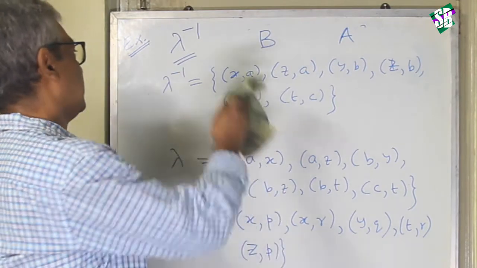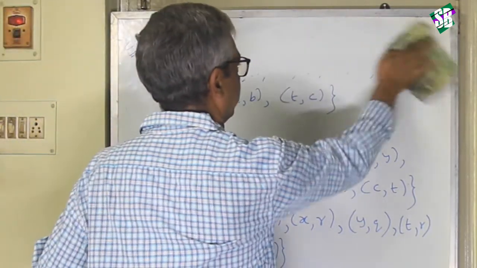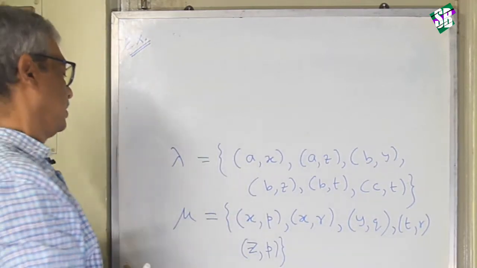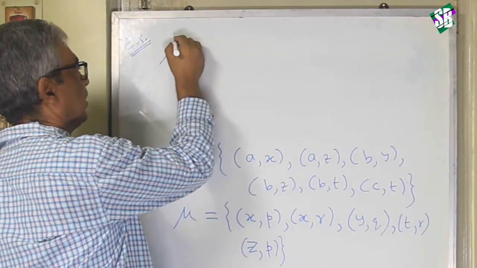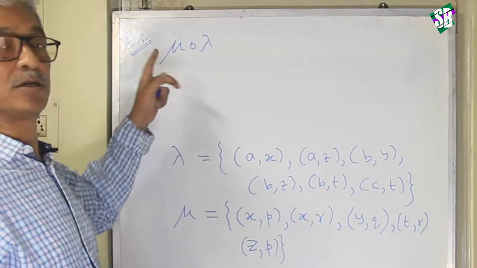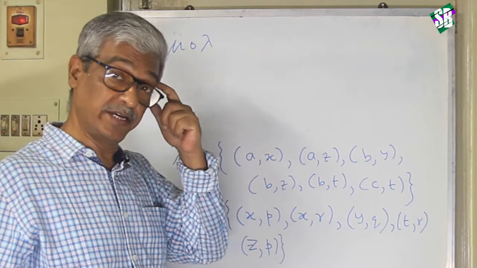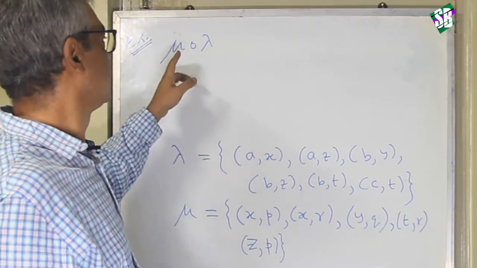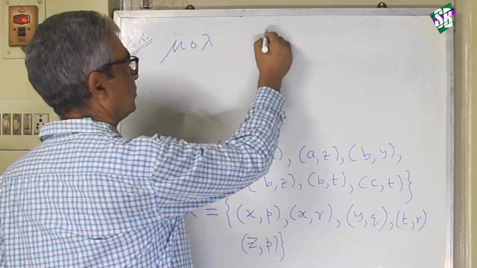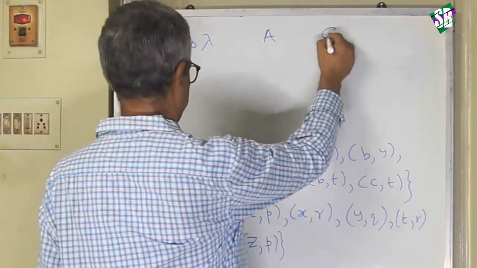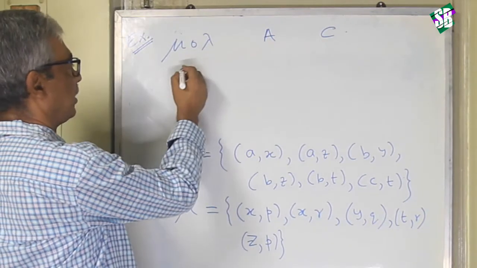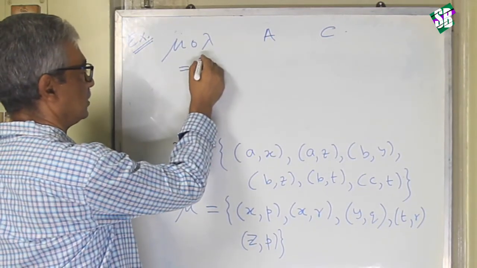But now I pose the question like this. You have to find mu o lambda, that is the composition of two binary relations. So now this relation is defined from the set A to the set C, and how will mu o lambda be defined?